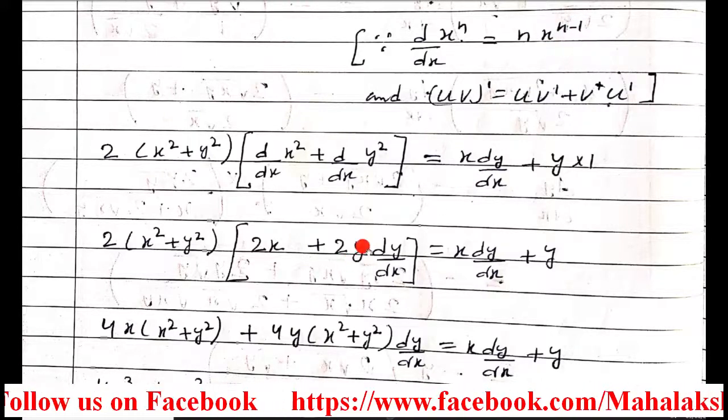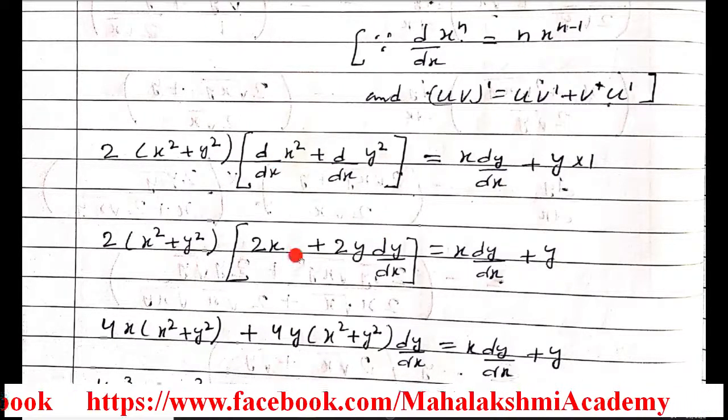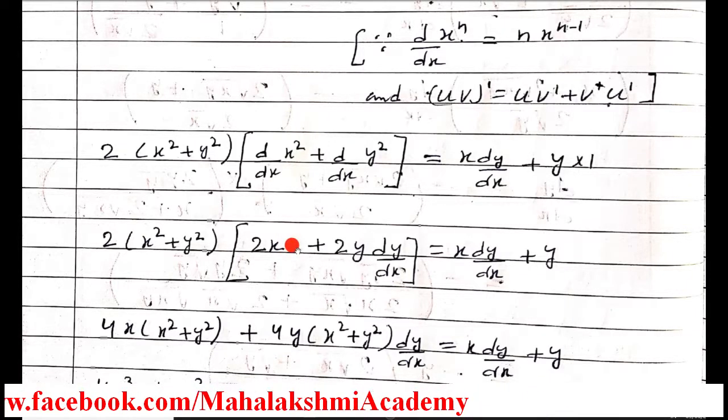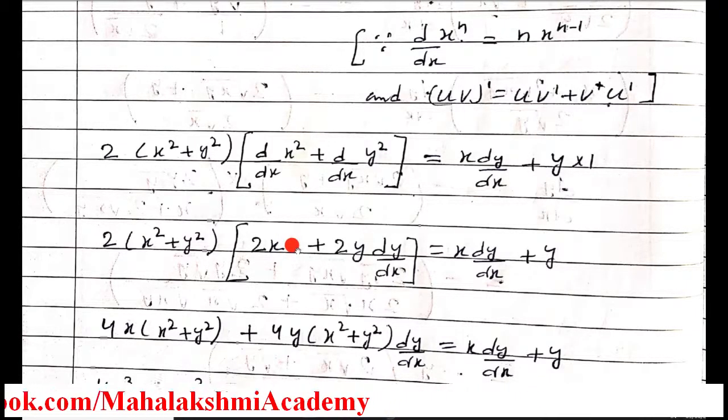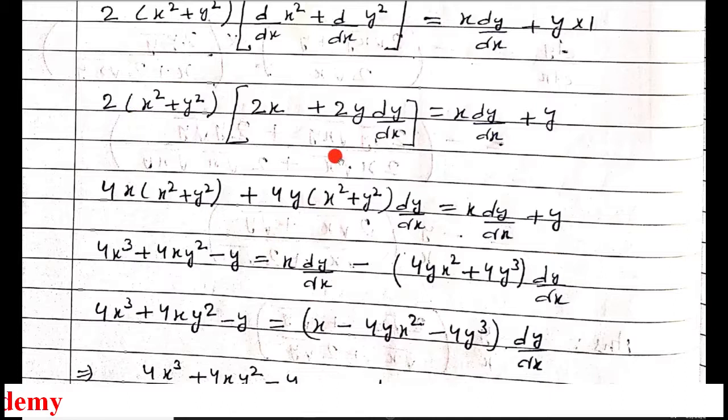Then according to the chain rule you have to differentiate here y also. Students, here also the chain rule is applied, but dx over dx is 1. So if you want to mention it you can, but since it's 1 it's not needed. Now here these terms as it is. Now in the next step I open the bracket, so this term will distribute to both.